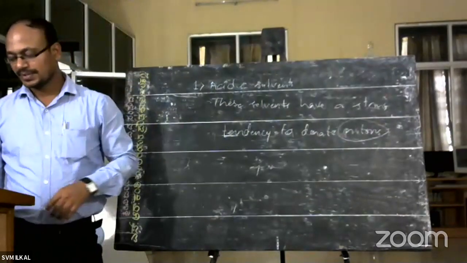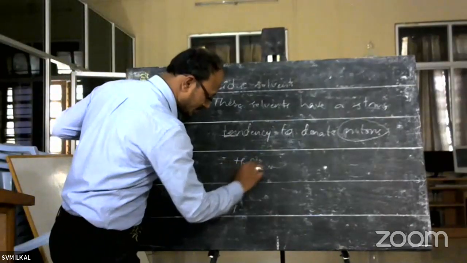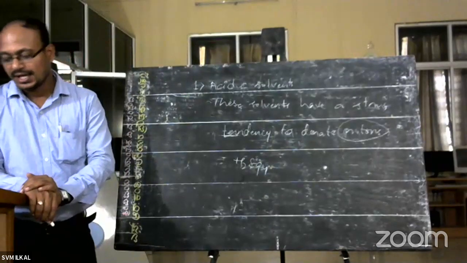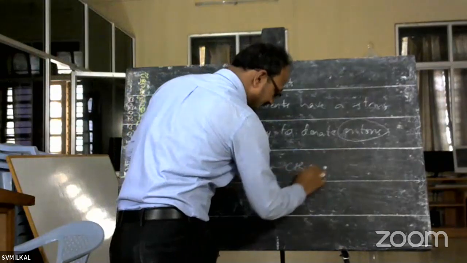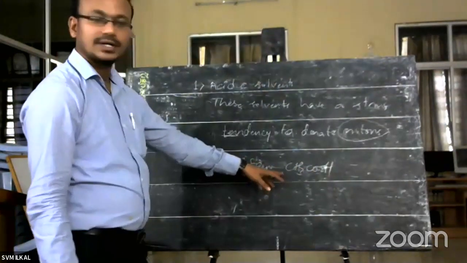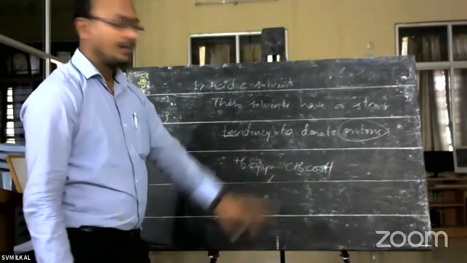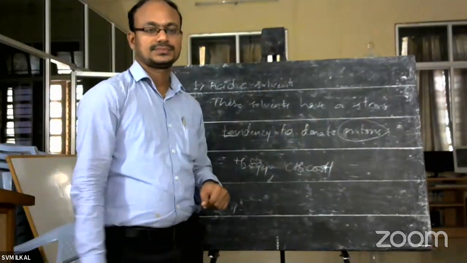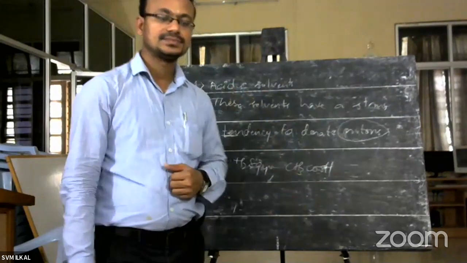An example of an acidic solvent is H2SO4, that is sulfuric acid, and another example is acetic acid. Though acetic acid is not a strong acid, it has a tendency to donate protons, so we call it an acidic solvent.